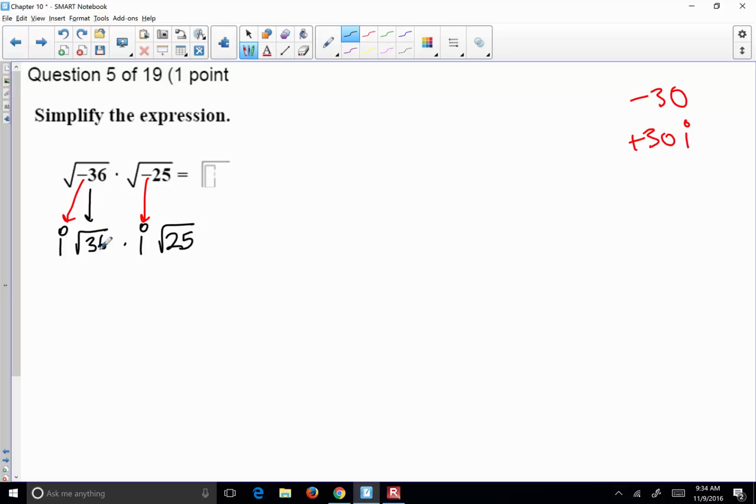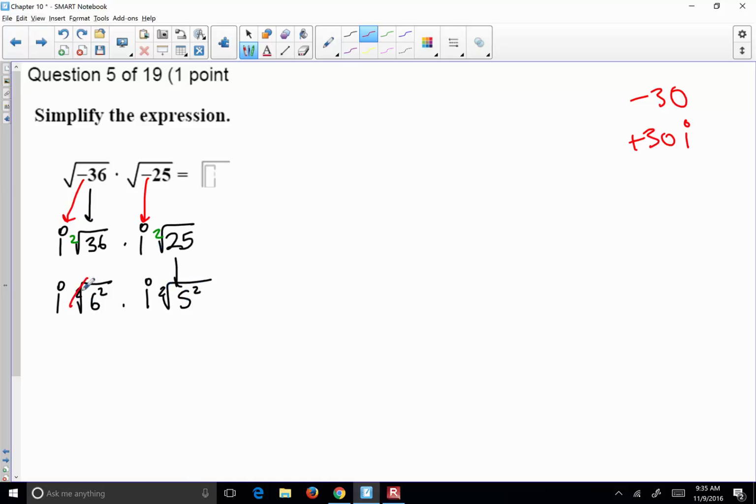I will turn them into factors. Especially if I can get a square, I'll be just happy to get a square. I will factor all the way. Can you make 36 into a square? What number squared is 36? Everybody knows that. Yeah, 6 squared. And 25 is 5 squared.